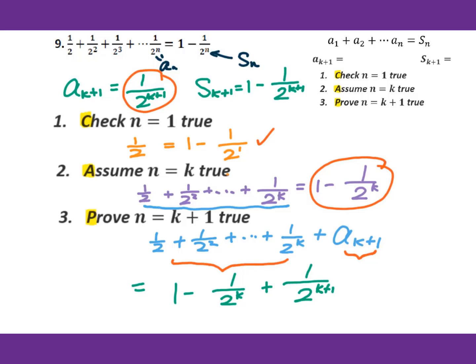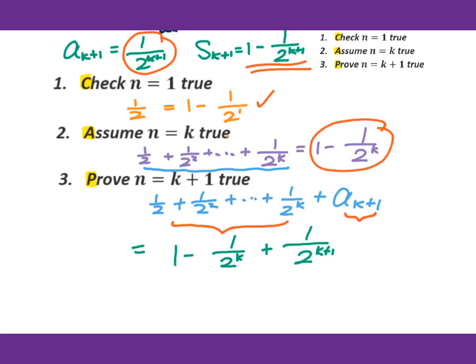Then we need to organize these expressions, make the answer equals this. We have 1 over here, so this one don't do any change. This part is 2 to the k plus 1. We already have 1 over 2 to the k plus 1.